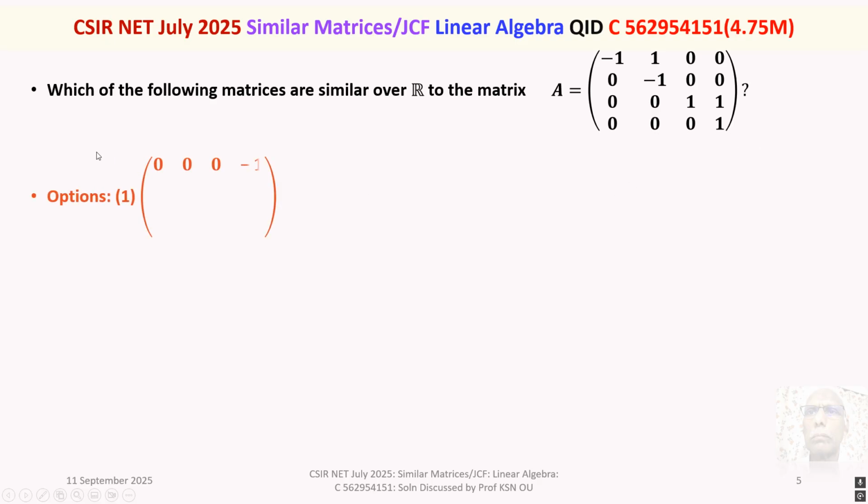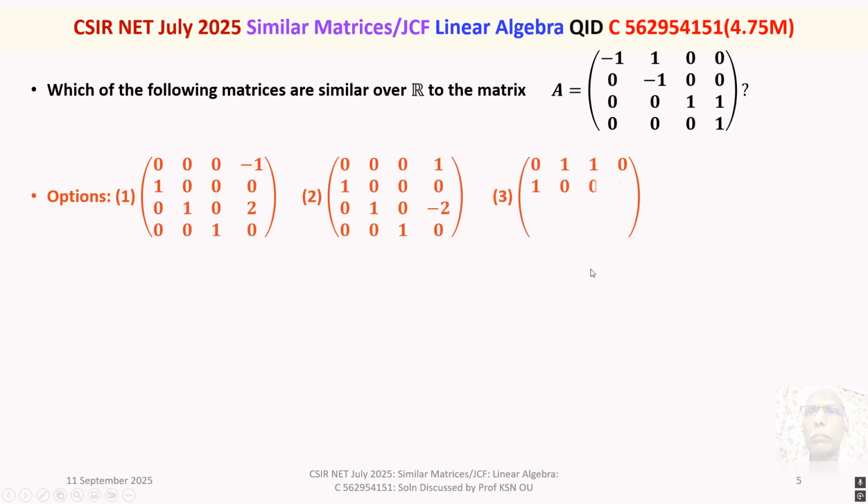And we are given 4 options. Option 1, a 4 by 4 matrix, option 2, option 3, and option 4. Right. Let's now discuss the solution of the problem in detail.